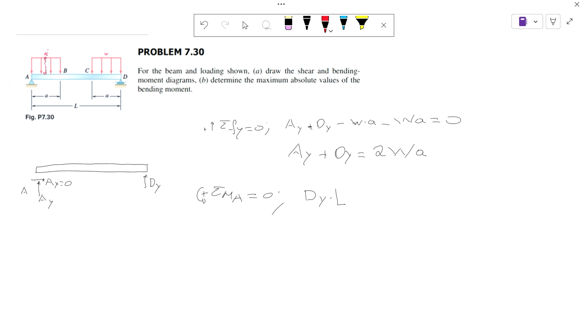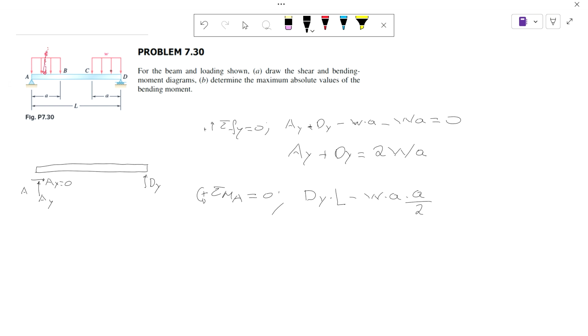Remember, we saw this already. The whole distributed load can be conceptualized as a single point load, and that's what we'll do now. This one is clockwise, so negative, the load W times A at the distance A over 2.